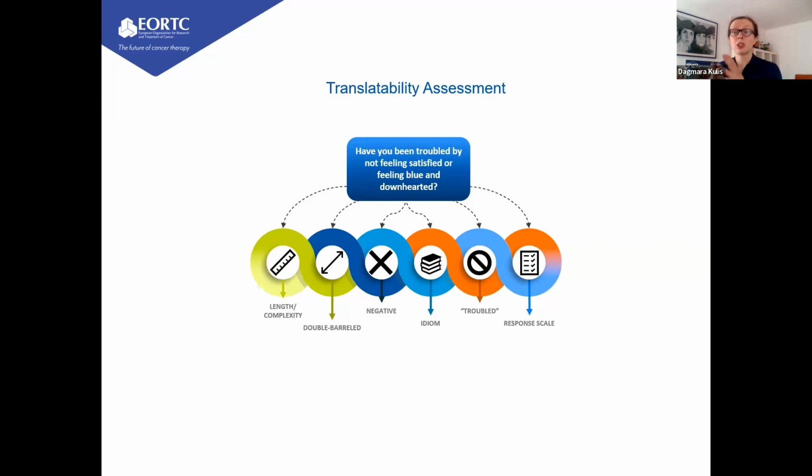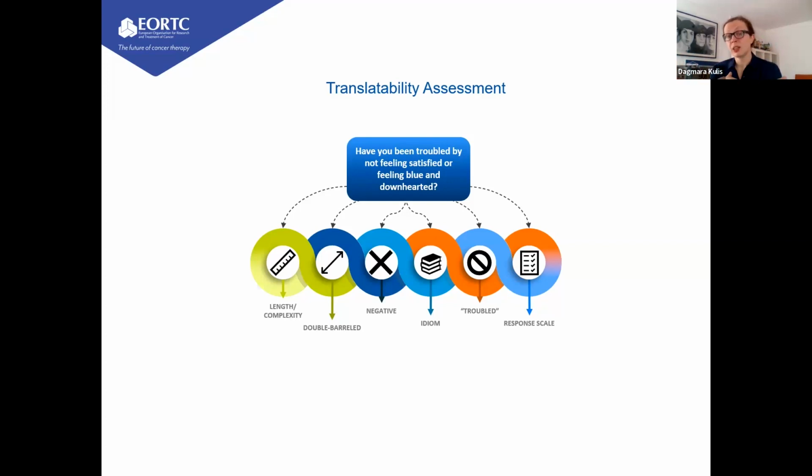We don't want questions that are double-barreled. That means that they ask about two different things, and that might be very confusing to patients who might have a problem with only one of those two things. So they might have a problem with which answer to choose, because they will be confused. We don't want questions that use a negative, because that might become a double negative in some translations, and it might not fit the response scale.